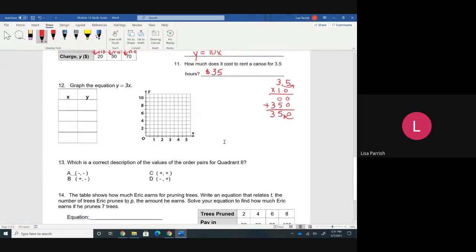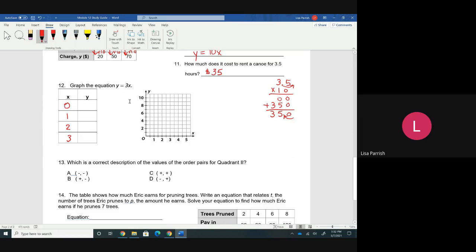Number 12 wants you to graph this equation. This kind of goes with what you did on Friday. So to graph the equation, we want to plug in for our x value. We want to plug in 0, 1, 2, and 3. So that means we're going to plug each of these numbers in for our x value.